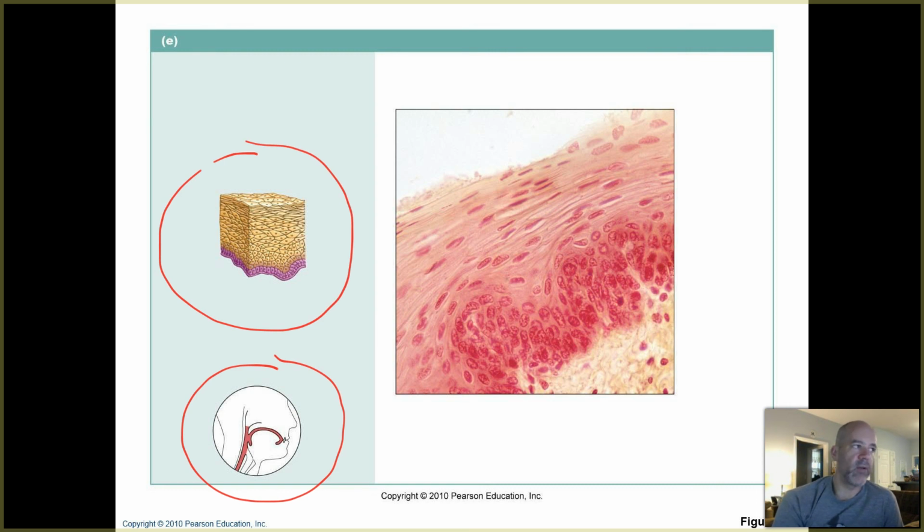And so what do you think about this one if you're looking at it closely? Most of the cells in that tissue chunk are flat, so they're squamous. Now if you look down near the bottom, the deeper portion, the cells take on more of a cuboidal appearance. But when you have a multi-layered tissue like we have here, this is a stratified tissue, you always name it according to the cell shape at the apical surface.